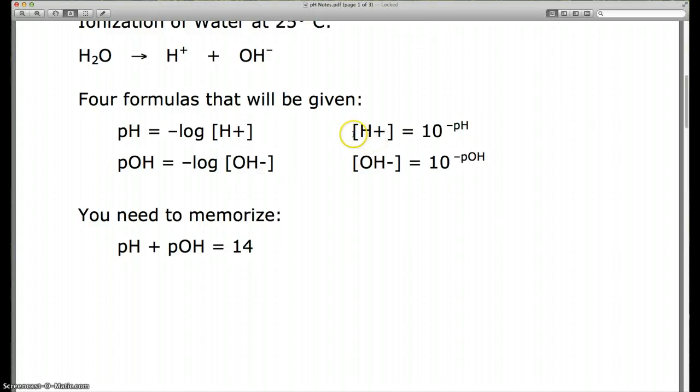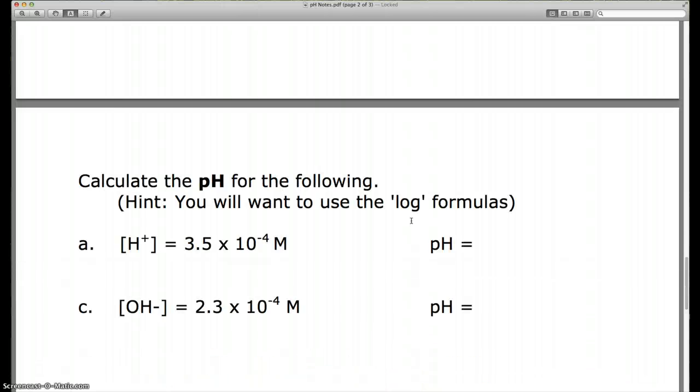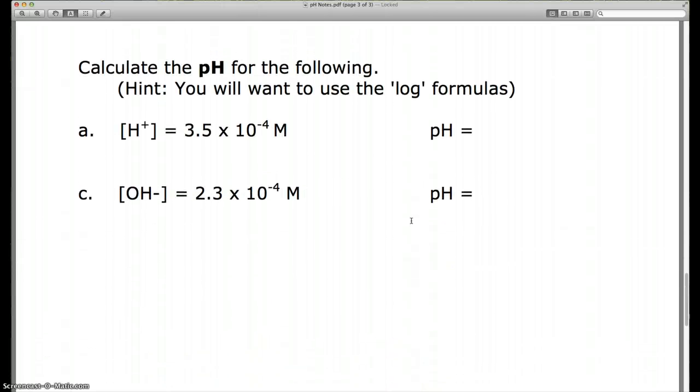And because of that, we could use this equation or this equation, because it was just 10 to the negative some number. Well, these last two examples are a bit more complex, and since they're a bit more complex, we need to use a bit more complex equation for them.